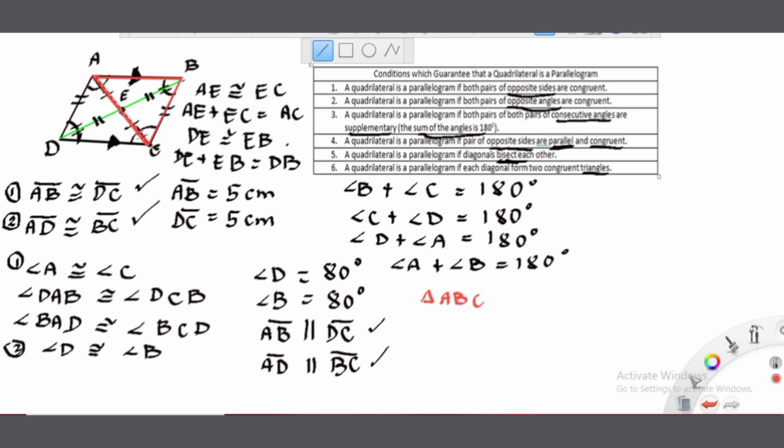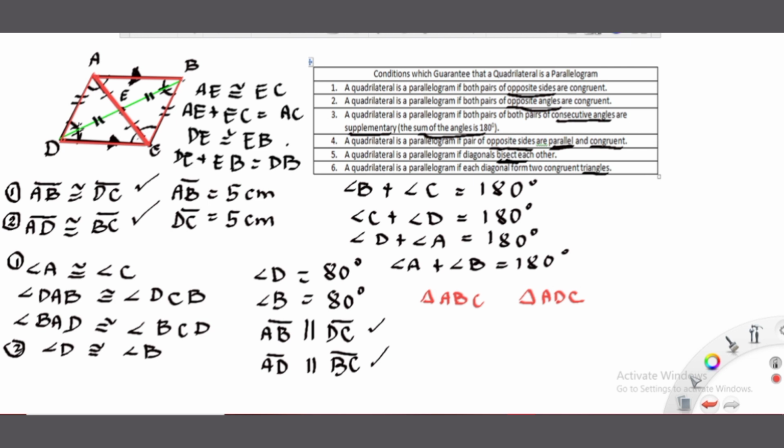So, this is one of the sides again, which is the diagonal. Ito yung second side. And this is the third side. So, let's say that is triangle ADC. Ang sabi, a quadrilateral is a parallelogram if each diagonal forms two congruent triangles.